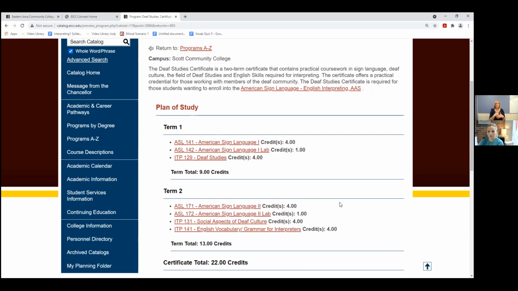And so we do a really close focus on the grammatical rules of English and work to increase your vocabulary and your familiarity with vocabulary that you may not use in everyday language, but you may need to interpret for as you work in different settings.